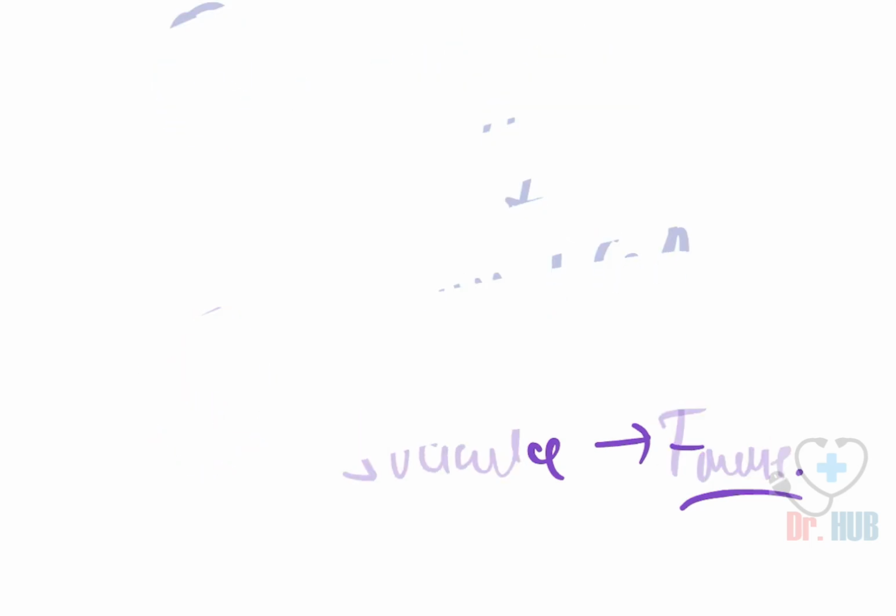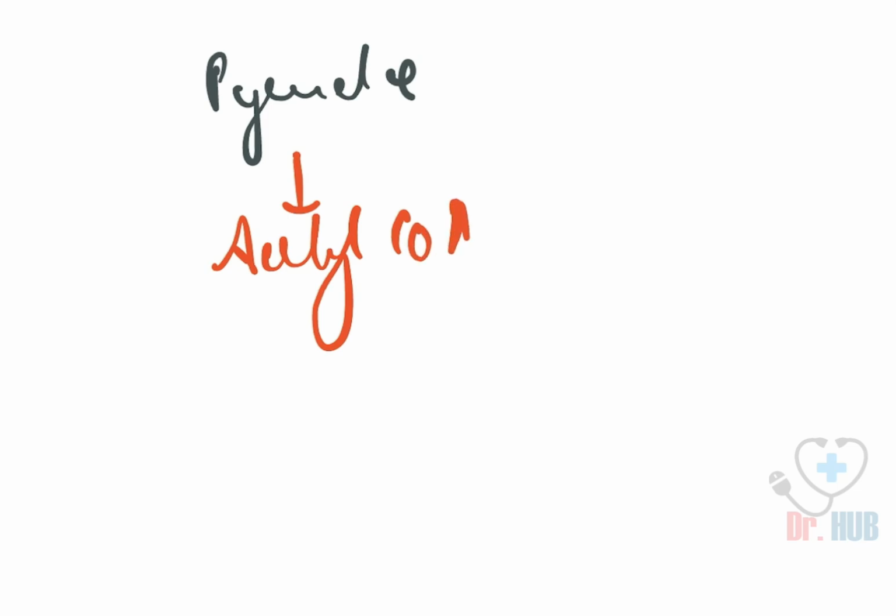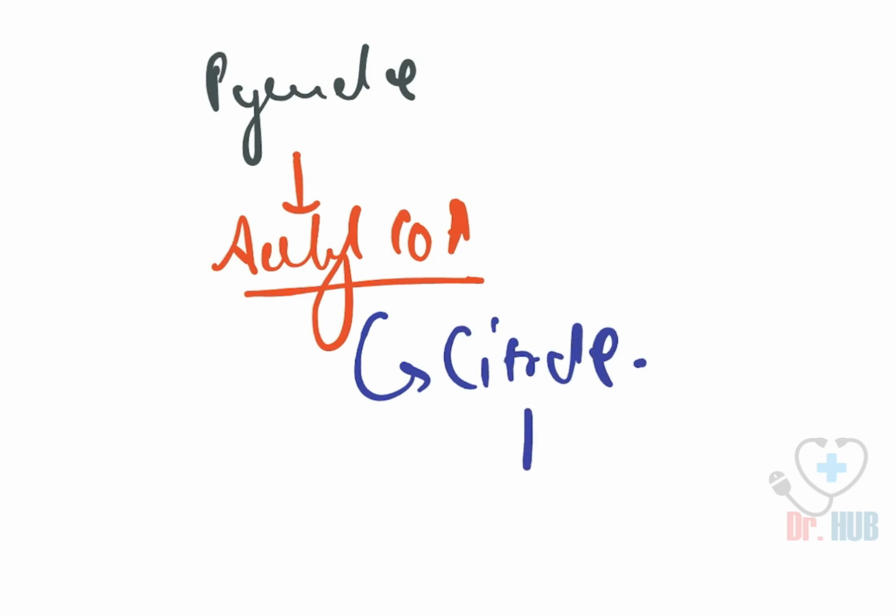So firstly, the pyruvate is converted to the acetyl CoA. Then it goes to the citrate.